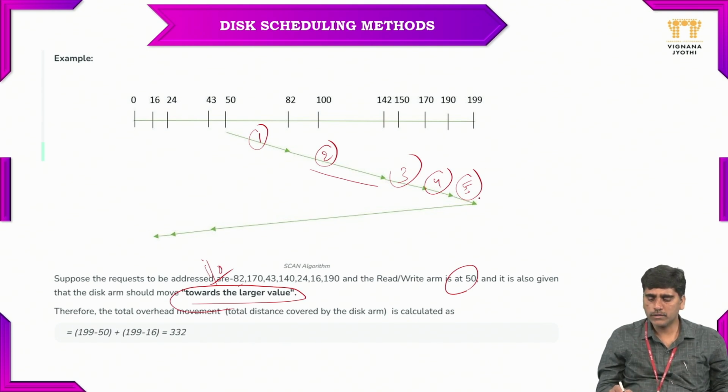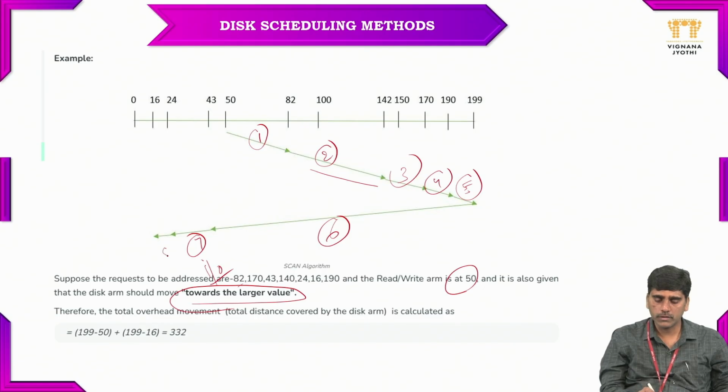Now after reaching the end of the disk, 199, it reverses direction from 199 to the remaining values. What are those remaining? 43, that is the sixth movement, and from 43 to 24 is the seventh movement, and from 24 to 16 is the eighth movement.